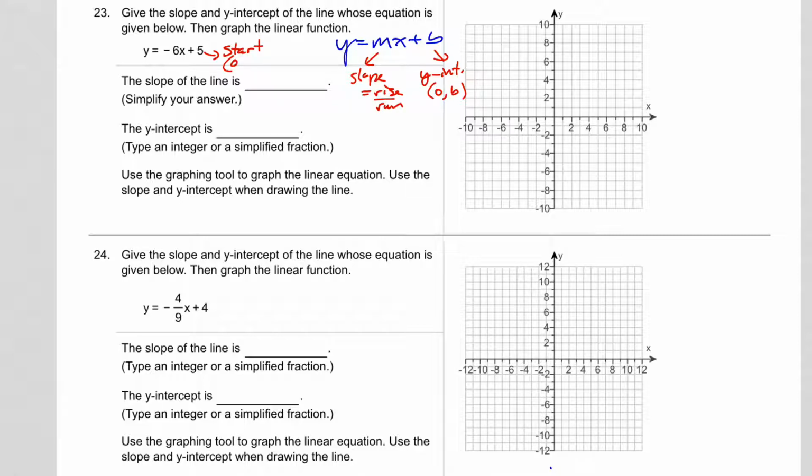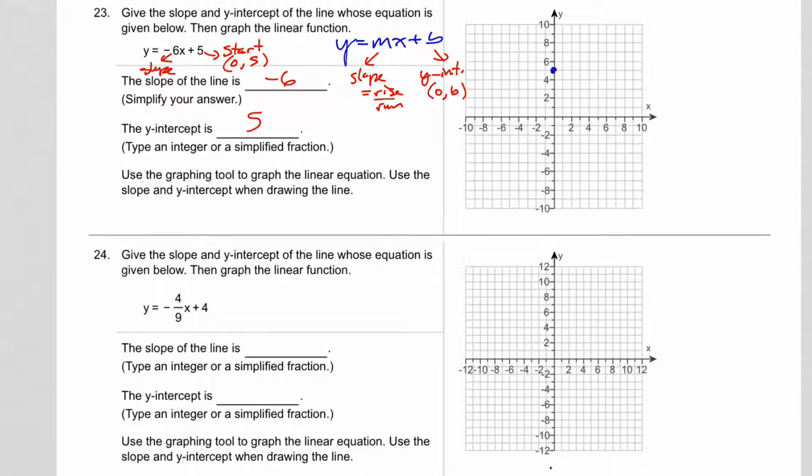Actually, I'm jumping ahead of myself here. We need to answer the questions. Well, the slope of the line is right there. So that's -6, and the y-intercept is 5. Okay, then we're going to use our information to start at (0, 5).